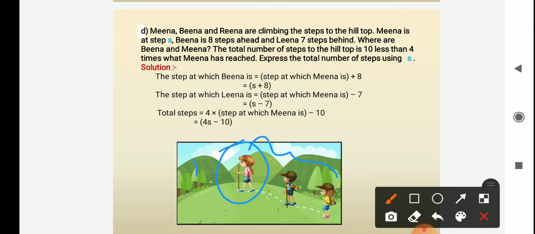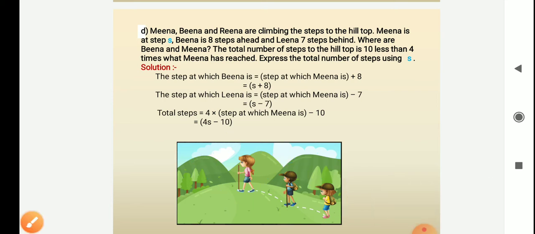Yes, correct. At first Beena is there. In the middle, Meena is at step S, and Leena is 7 steps behind. So at last Leena. First Beena, middle Meena and last Leena.